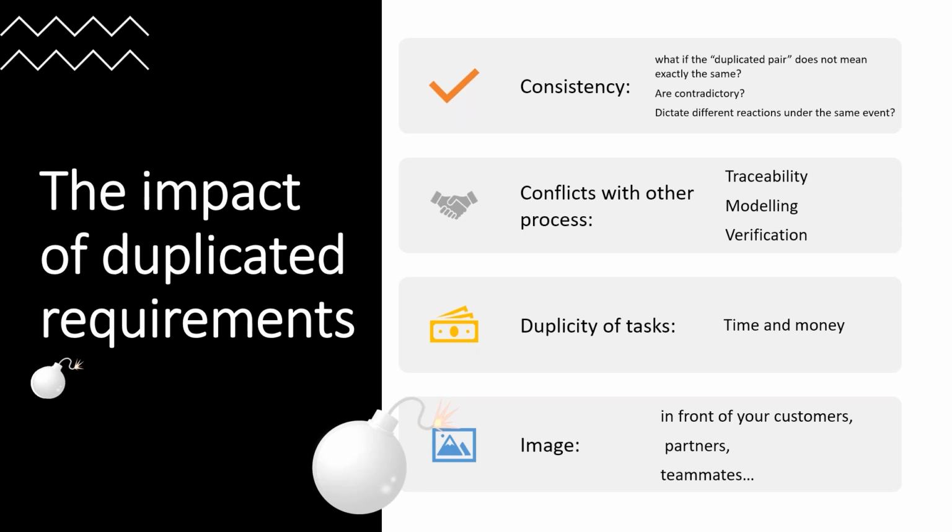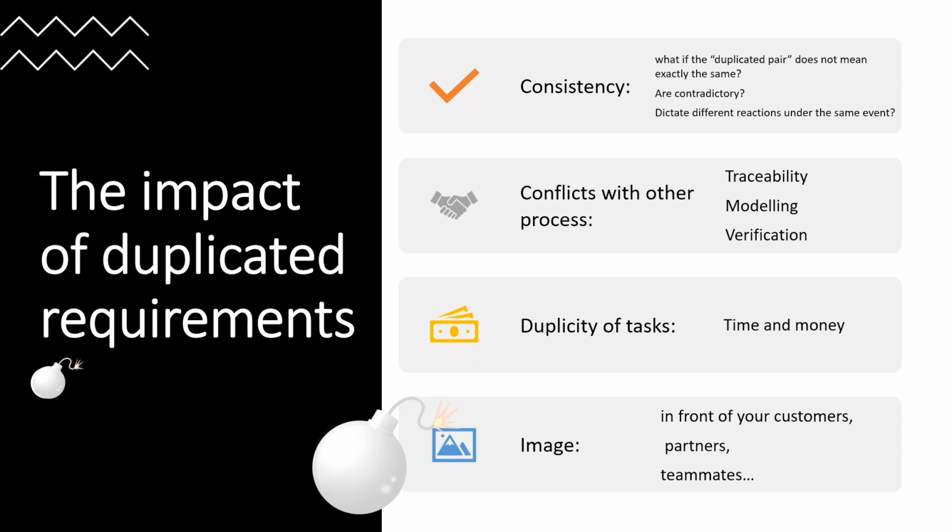And of course, why are those duplicated requirements so hard in our project? Because of different reasons. These are the four main that I see. First one is consistency. With duplicated requirements that perhaps are not meaning exactly the same. I'm thinking of, I don't know, different numbers, different characteristics.